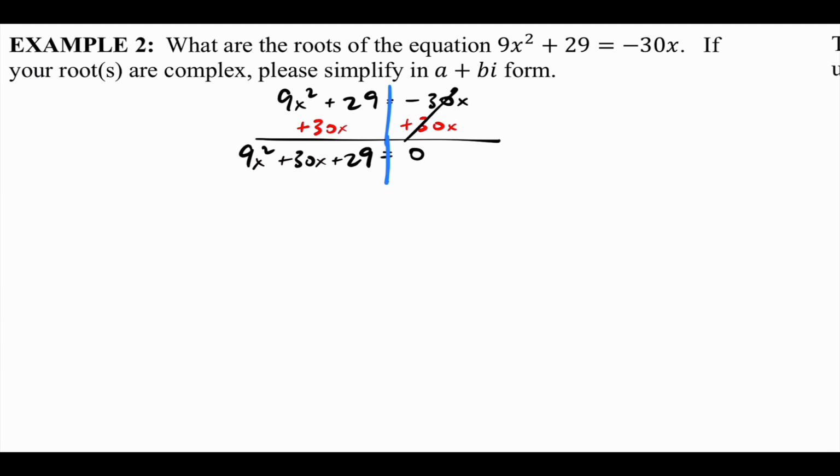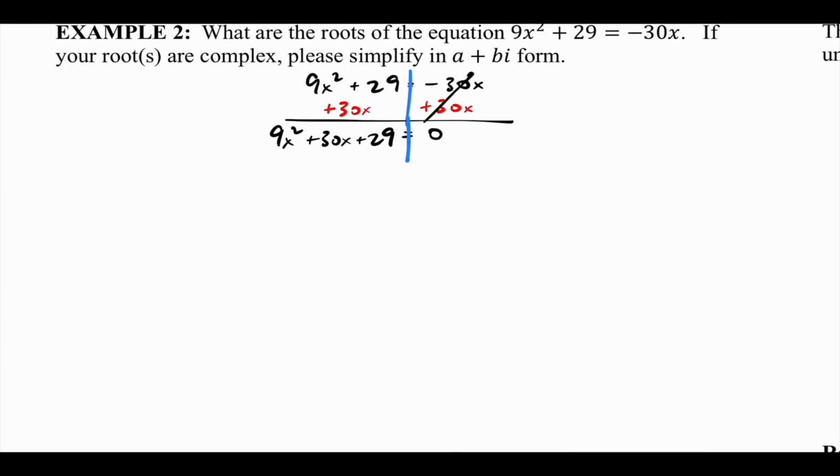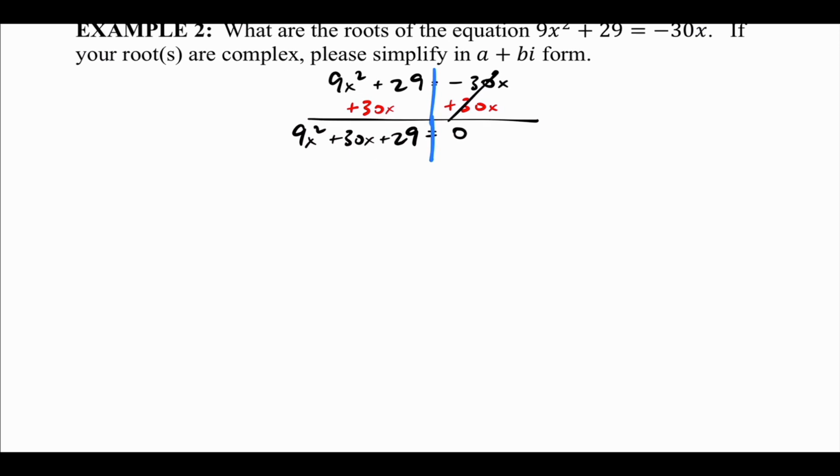Step 1 done. Step 2, is there a GCF? Well, they're kind of big. So is there a GCF between 9, 30, and 29? I don't think so. Yeah, 3 goes into 9 and 30, but not 29. So no GCF. So a, b, c: 9, 30, 29.